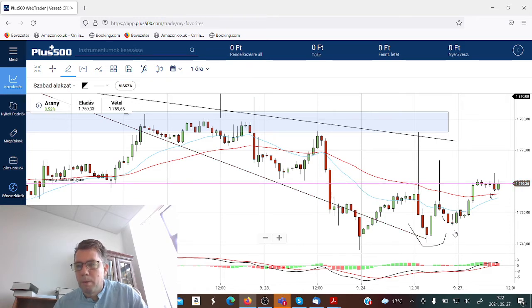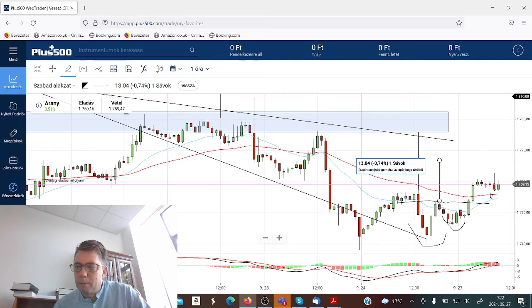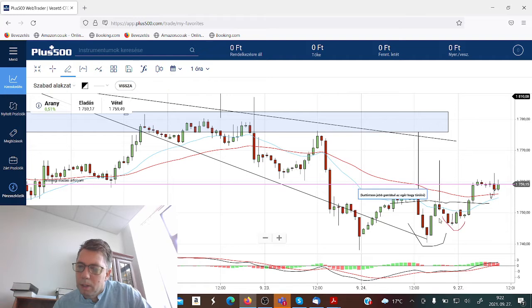W, double bottom W. This is the W pattern. Here's the neckline around here, and I think I measured my move in my previous video, which was not yesterday but the weekend probably. We were under this neckline, but we are now above it, and we broke above.